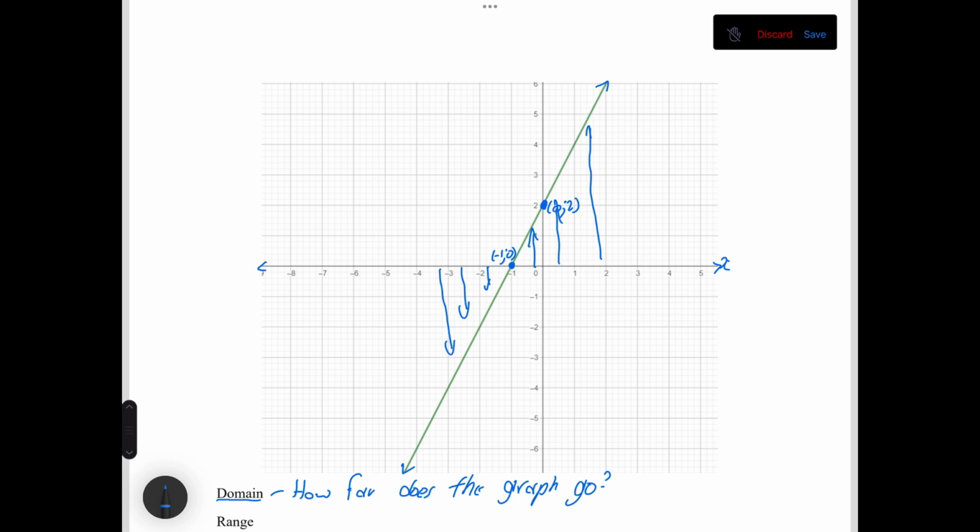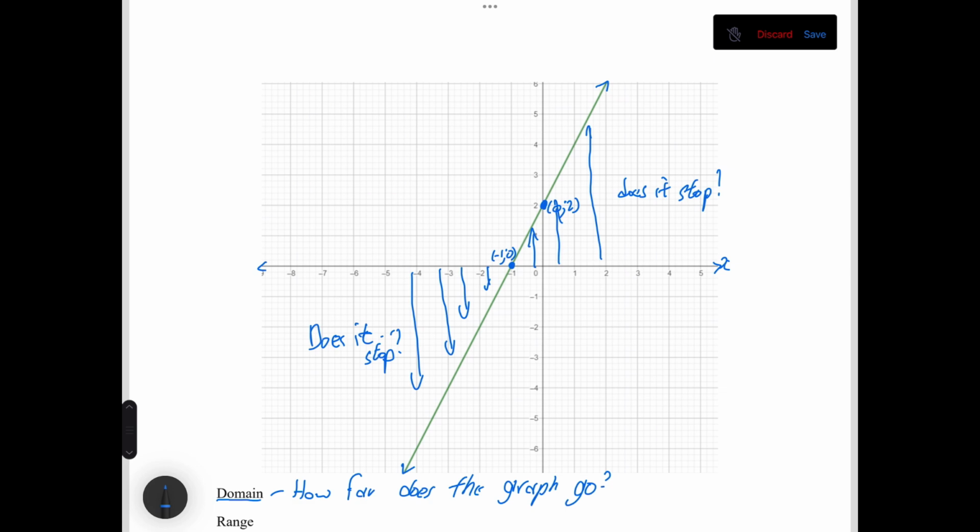Because this graph has arrows on either side, it means that it continues forever. If it continues forever, does it ever stop? Does it stop on the left? Does it stop on the right? No, it doesn't.